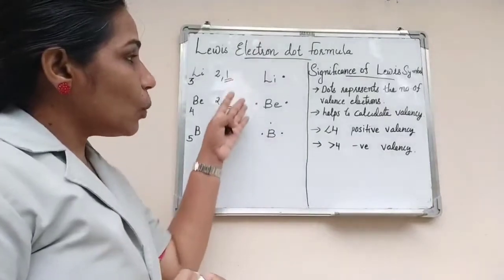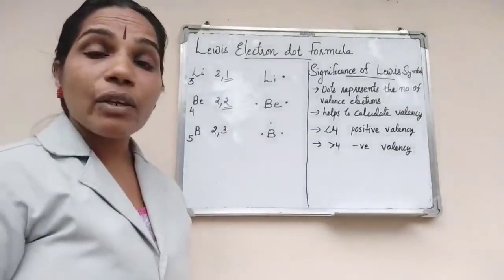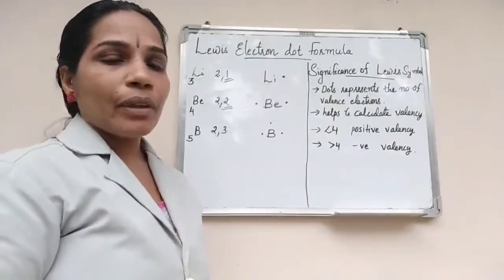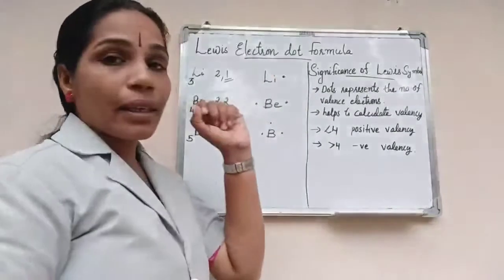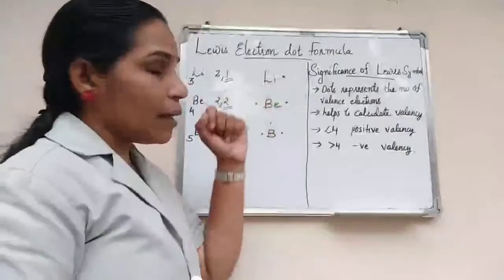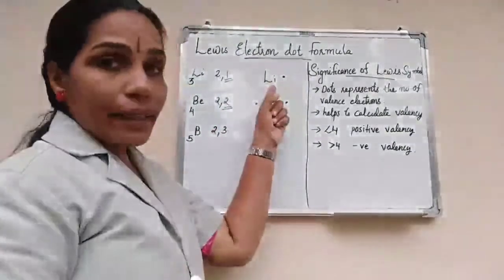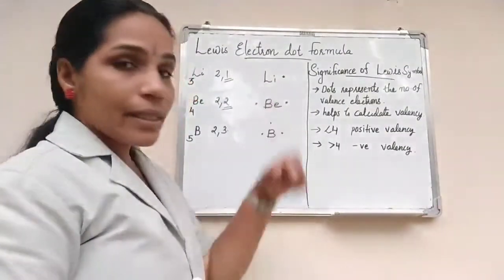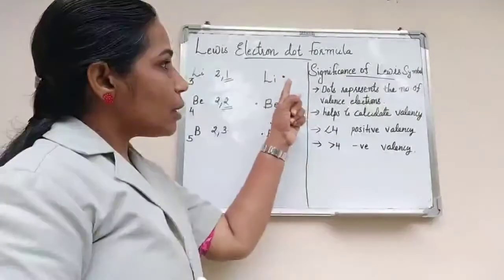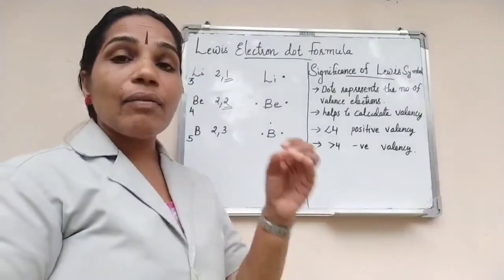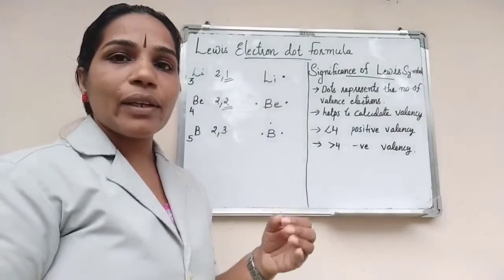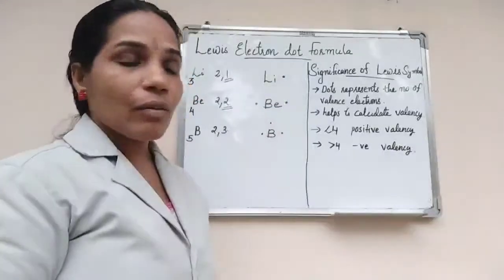This Lewis dot formula is very informative. What is the significance of the Lewis symbol? The dots represent the number of valence electrons. From this symbol, we get an idea about the number of valence electrons. And from this, we can calculate the valency of that element. How do we calculate the valency from this symbol?